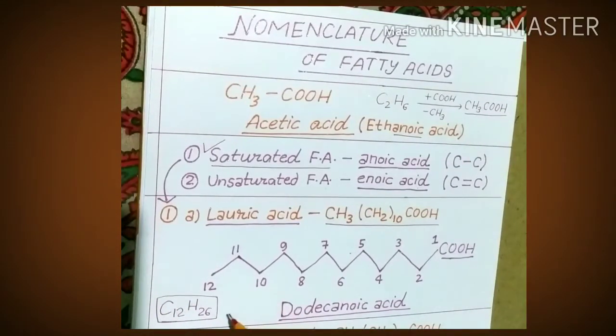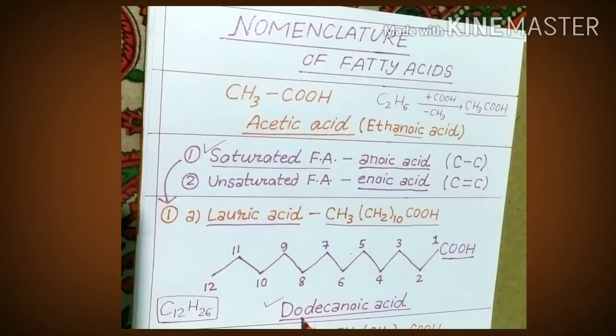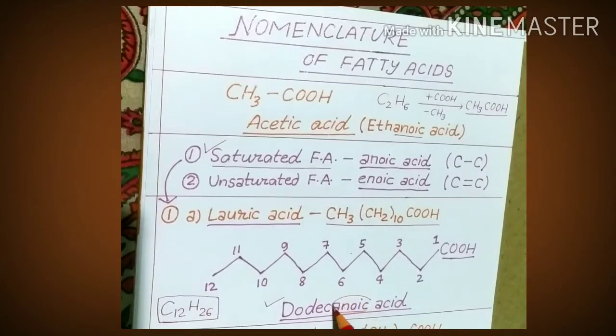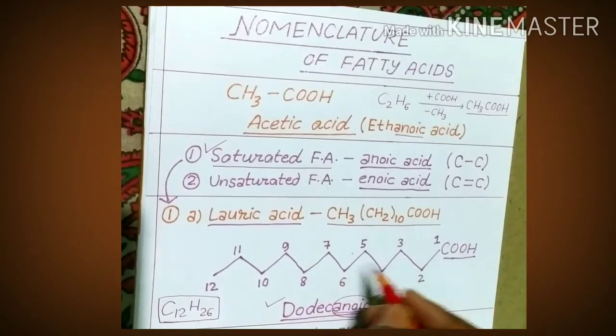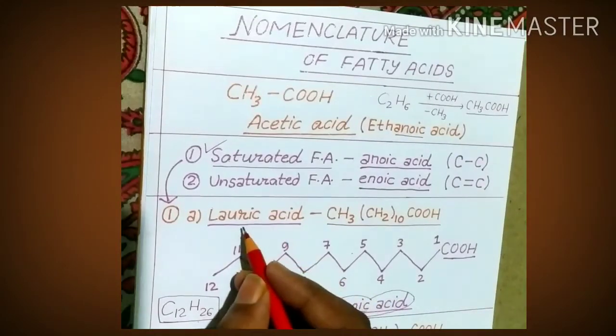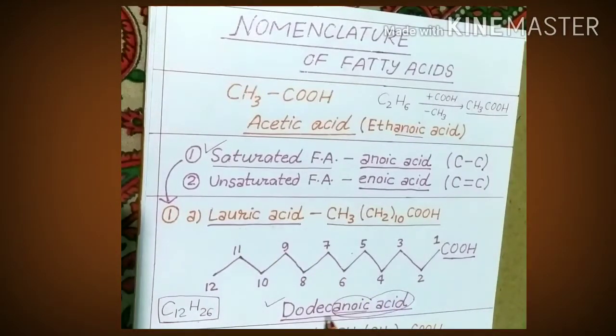And that's why this fatty acid is named dodecanoic acid. The suffix anoic acid has been used with dodecane, and that's why the systematic name of lauric acid is dodecanoic acid.